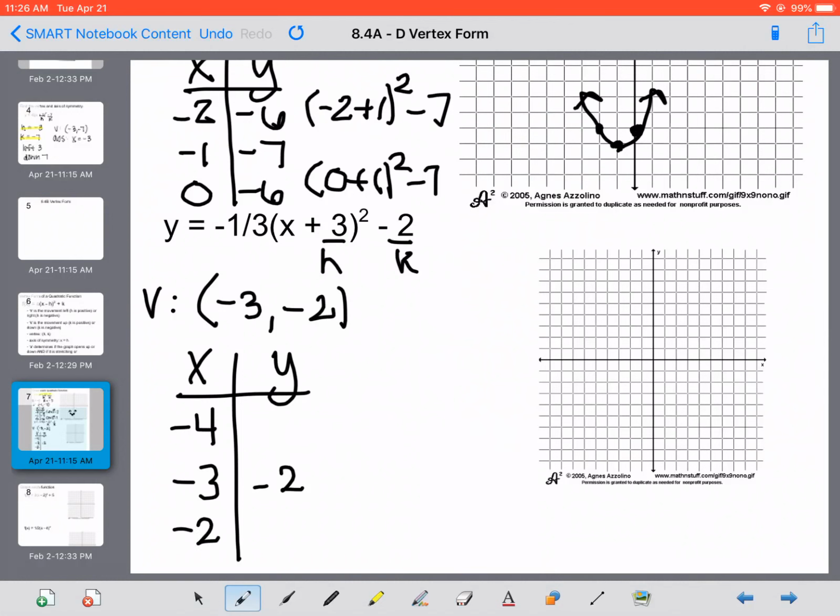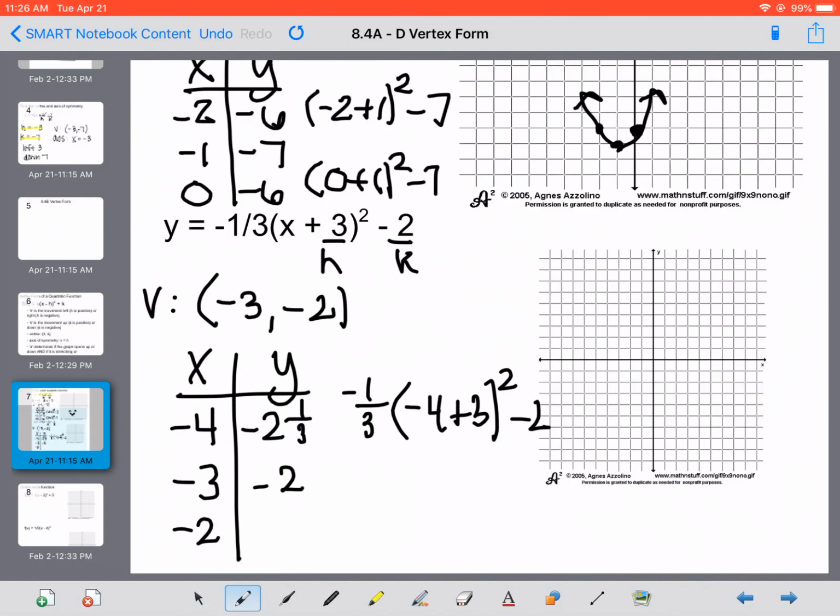And we're going to plug that into the equation. So we have -1/3 times -4 plus 3 squared minus 2. And again, you can type that directly into your calculator, and you're going to get -2 and 1/3.